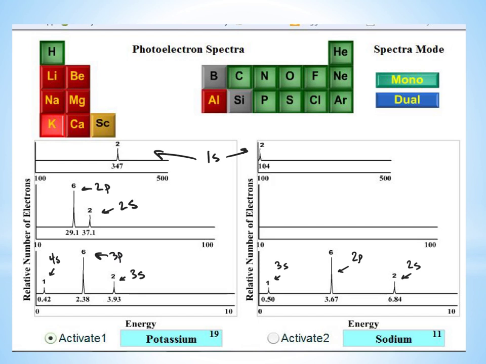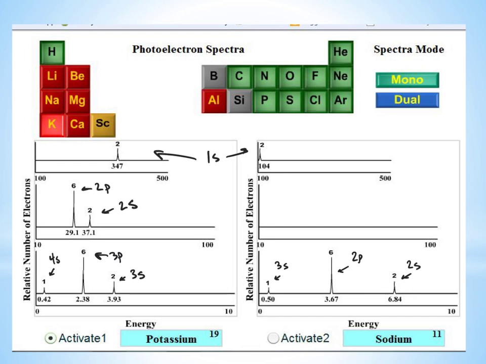You can make the same distinction between the 2s electrons of potassium, which are being held with 37.1 kilojoules of energy needed to dislodge, but the 2s electrons down here are only 6.84, again, due to the fact that potassium has 8 more protons pulling on those electrons.